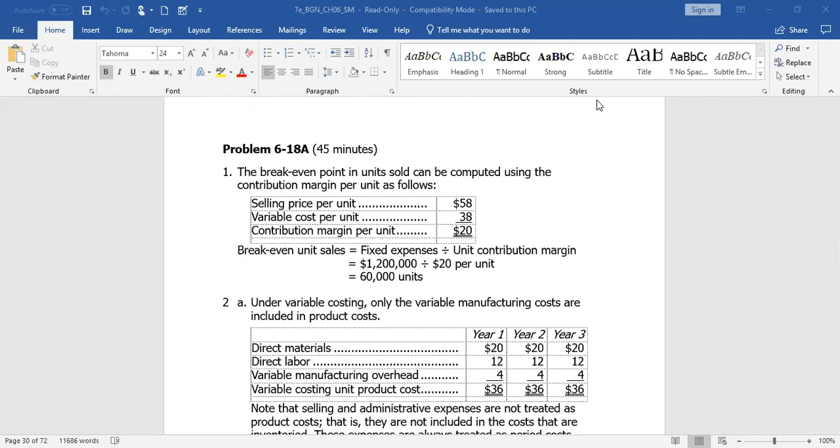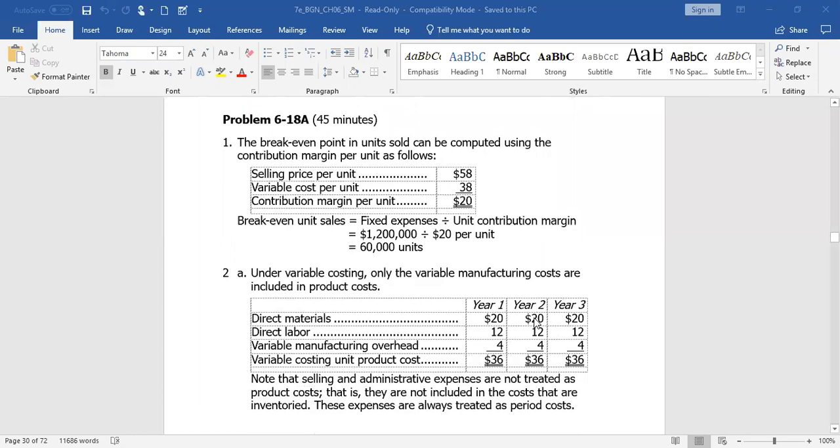Now assume the company uses variable costing. Compute the unit product cost for years 1, 2, and 3. Well, remember, under variable costing, to determine the unit cost, we take the direct materials plus the direct labor plus the variable manufacturing overhead.